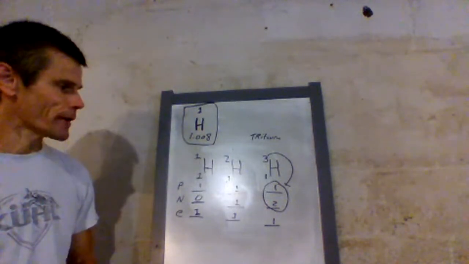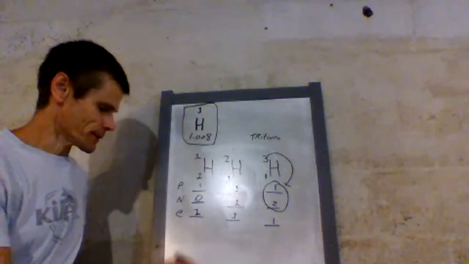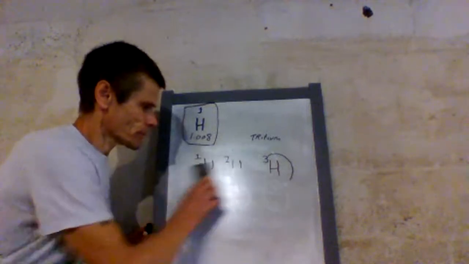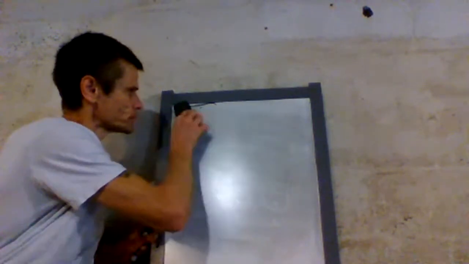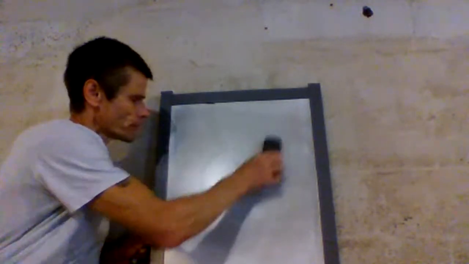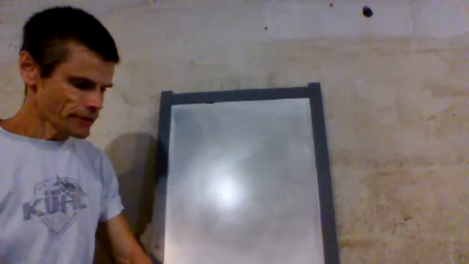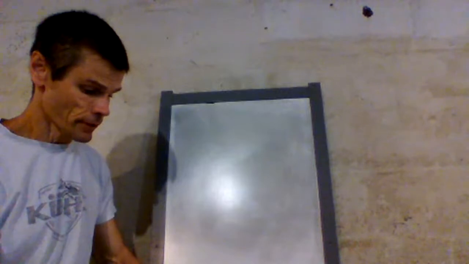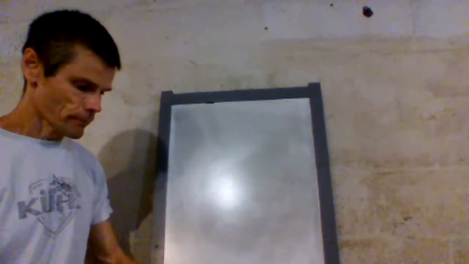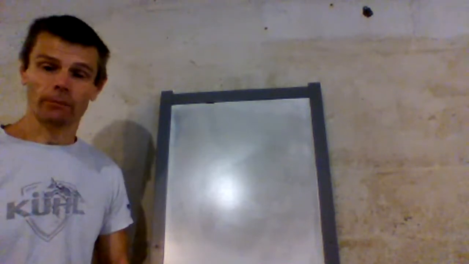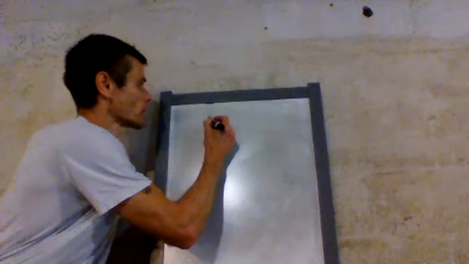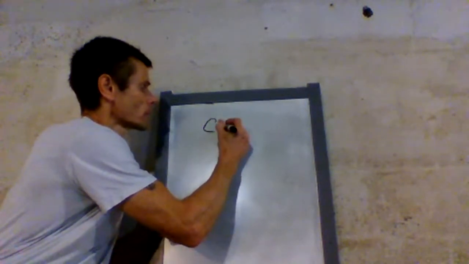Now, we also have shorthand notations that you might see. I gave a shorthand, so you might want to just look at that. Let's look at a case, and let's look at carbon, a shorthand notation, C14.